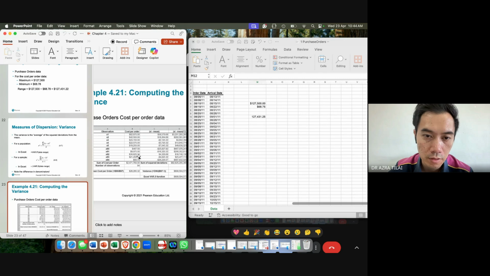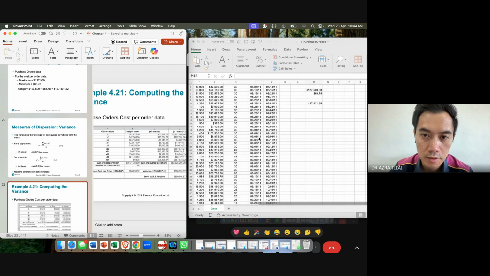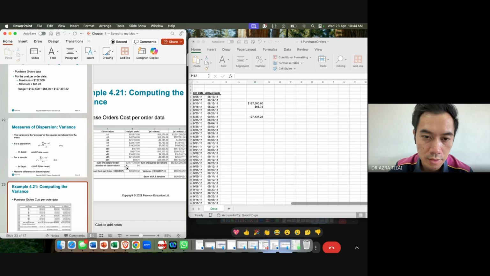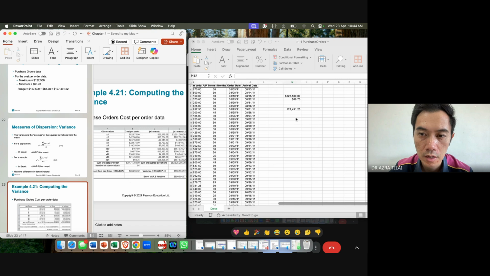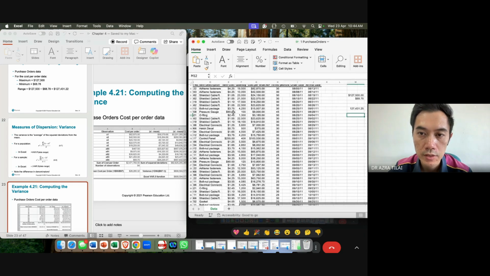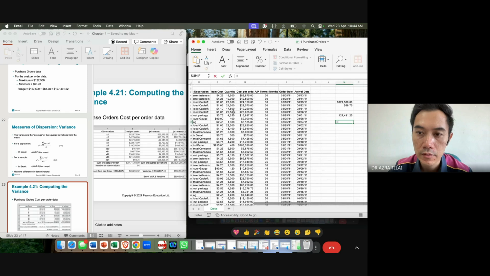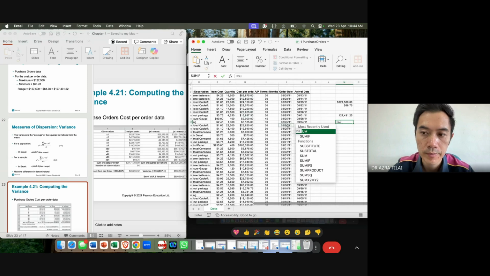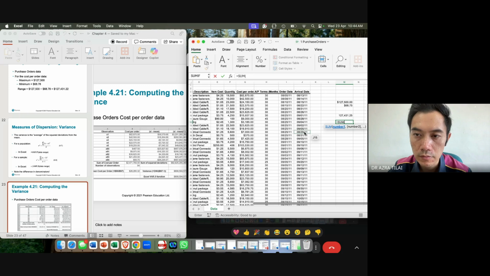So cost per order, we want to find this value, 2,471,760,000. Now to find the sum of cost per order, we just type equal sign, sum, and total up all of this.